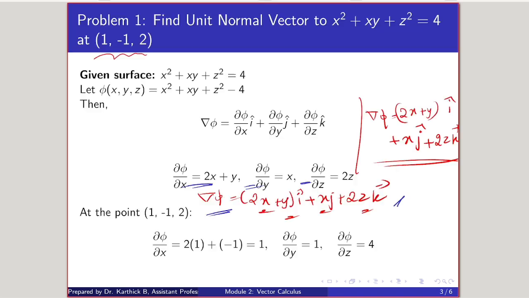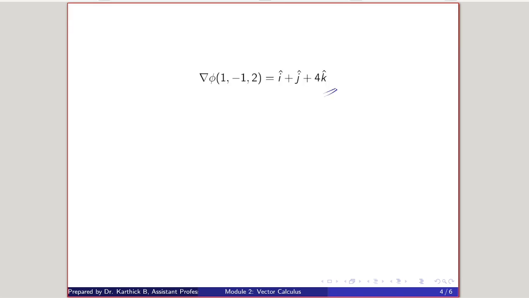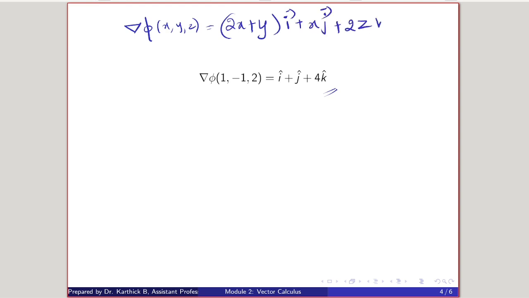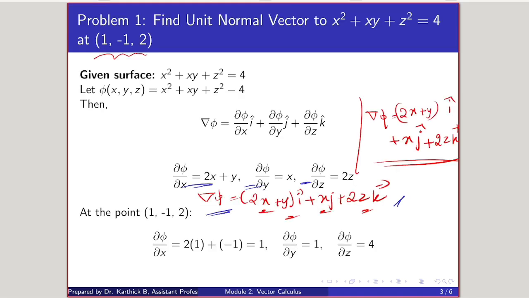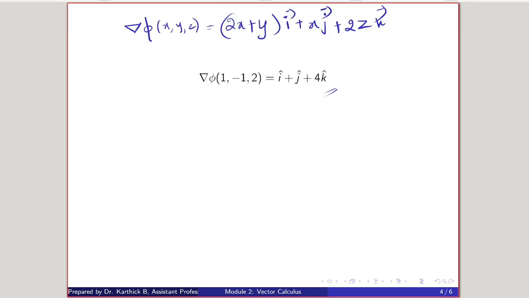So our gradient phi at the point x, y, z will be 2x plus y into i vector plus x j vector plus 2z k vector. So what is our point? 1 comma minus 1 comma 2.